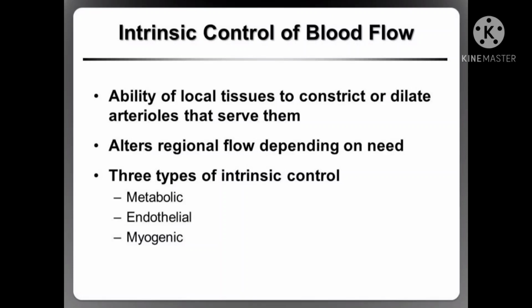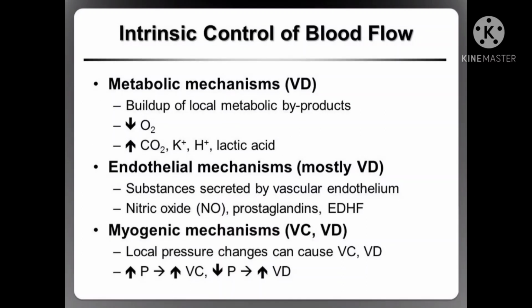It alters regional flow depending on need. So there are three types of intrinsic control: the metabolic, endothelial, and myogenic. So this is the definition of the metabolic mechanisms, endothelial mechanisms, myogenic mechanisms.